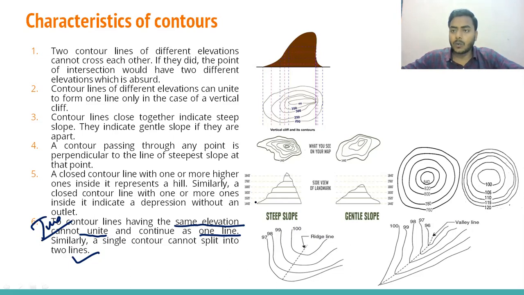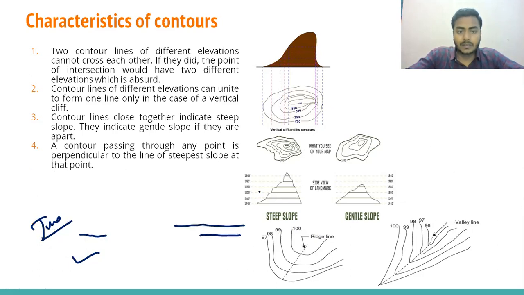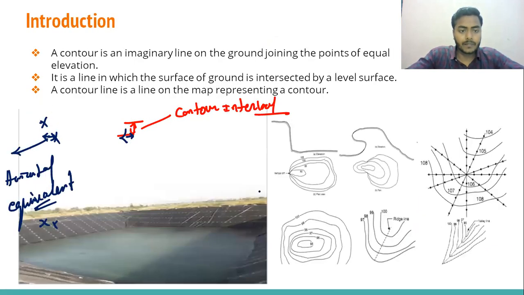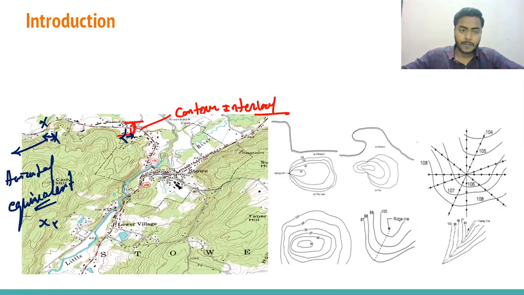Contour lines we are drawing can be different contour lines with the same elevations, right? So they will not coincide with each other. Like I'm discussing in this map. See here.